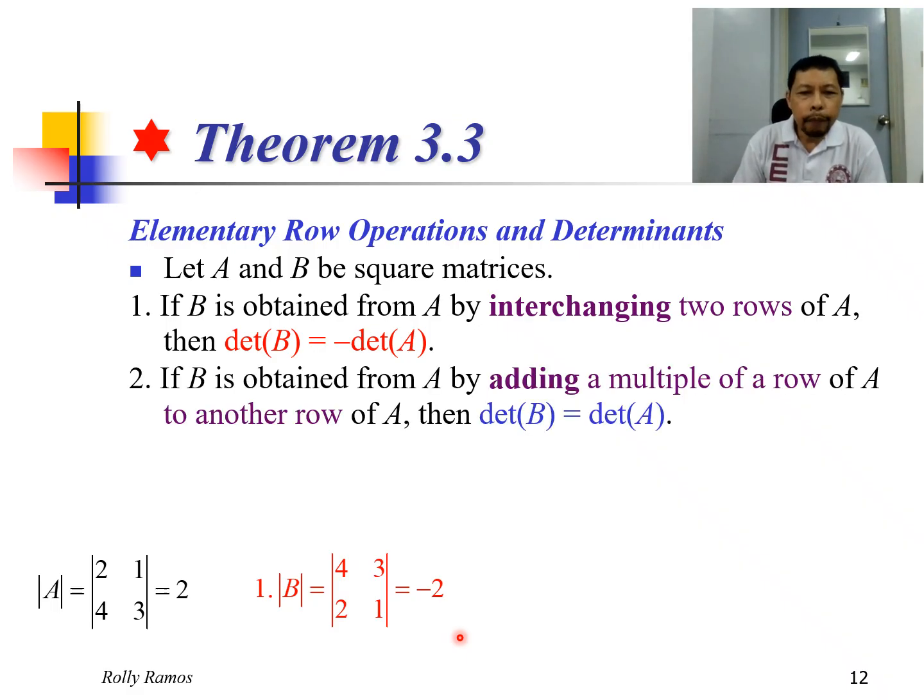Number 2. If B is obtained from A by adding a multiple of a row of A to another row of A, this is another elementary row operation.